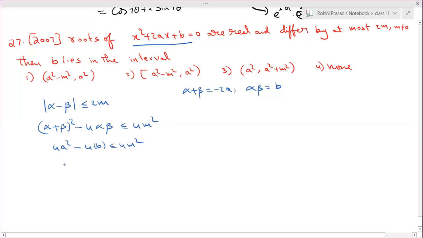So a square minus m square is less than or equal to b. So they're asking about the interval in which b lies.